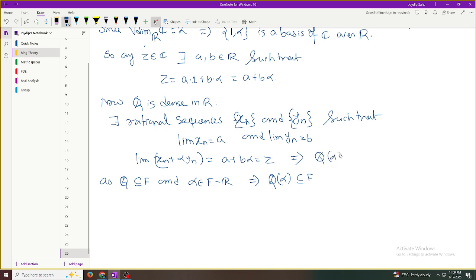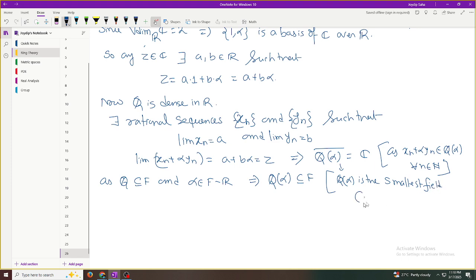The closure of Q(alpha) equals C, because xn plus alpha yn belongs to Q(alpha) for all n belonging to the natural numbers. What is Q(alpha)? Q(alpha) is the smallest field containing Q and alpha.